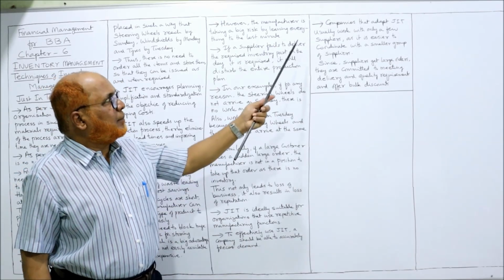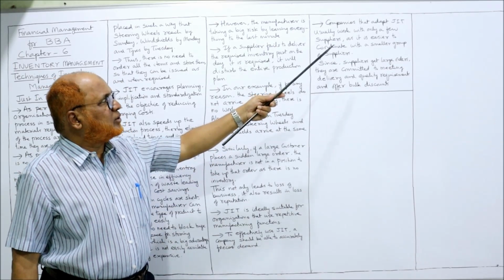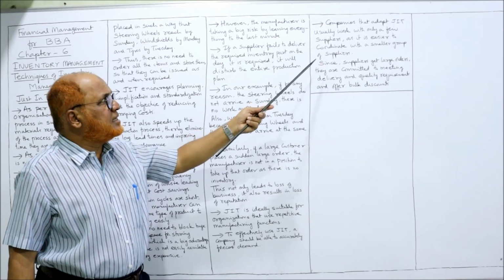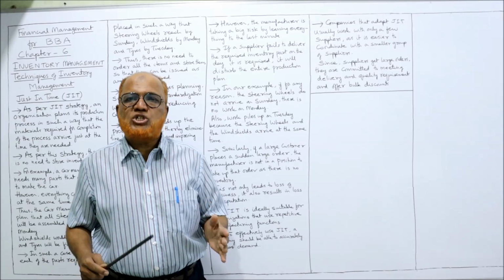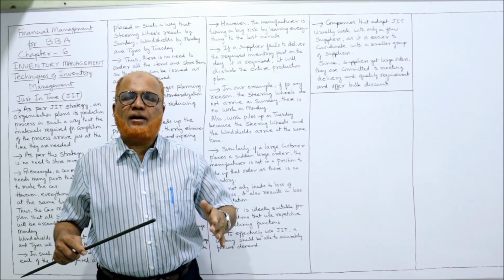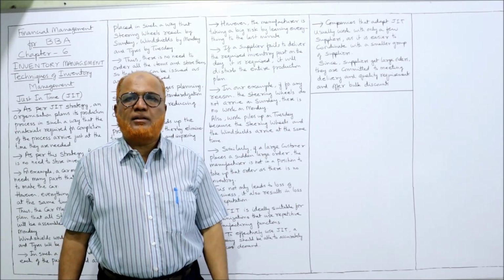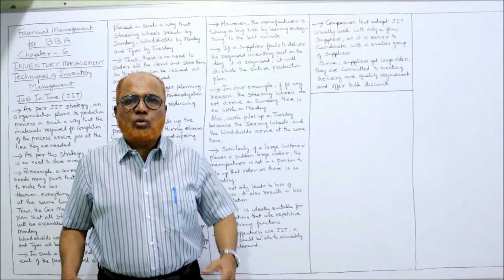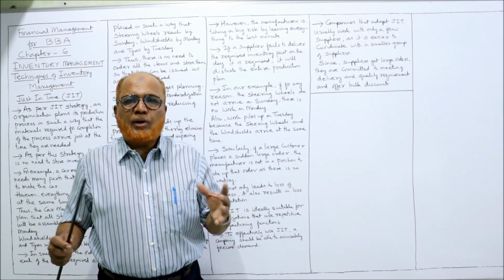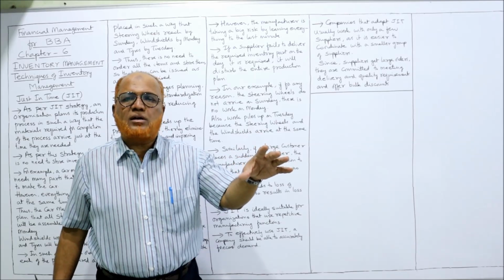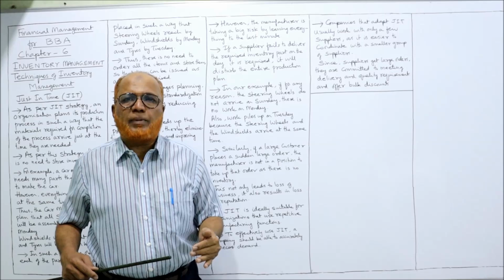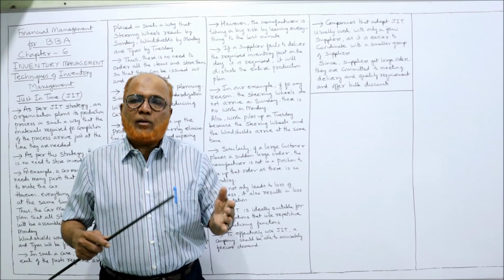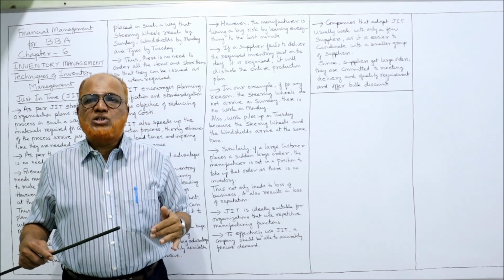Then companies that adopt JIT usually work with only a few suppliers, as it is easier to coordinate with a smaller group of suppliers. One of the features where the JIT technique is applied is that they make contacts with very few suppliers. They don't have many suppliers because they depend on only a few, and the supplier already knows they have to supply in bulk, and the supplier already knows that the business is following JIT.